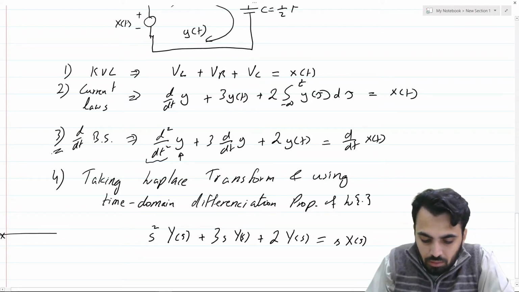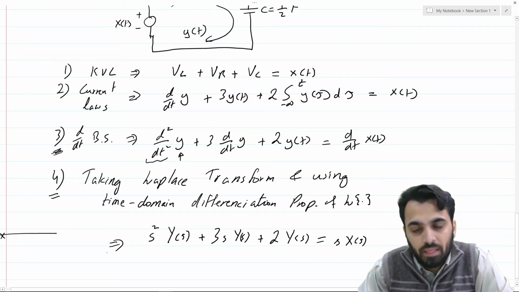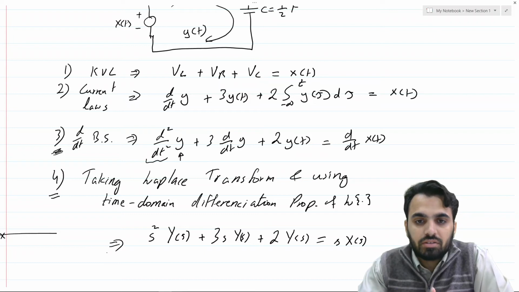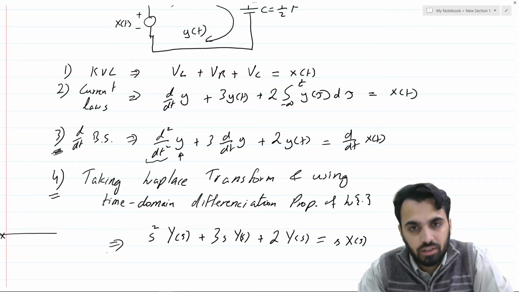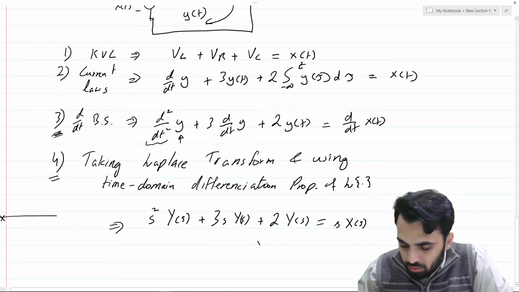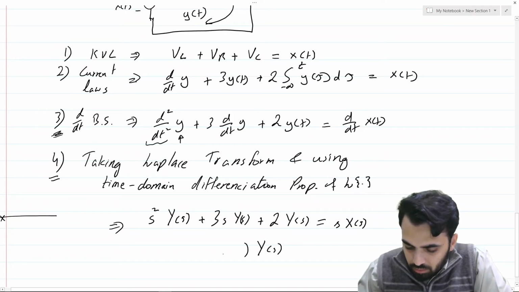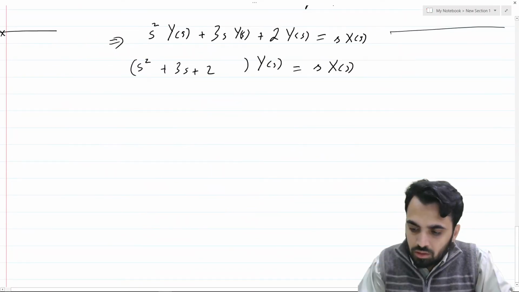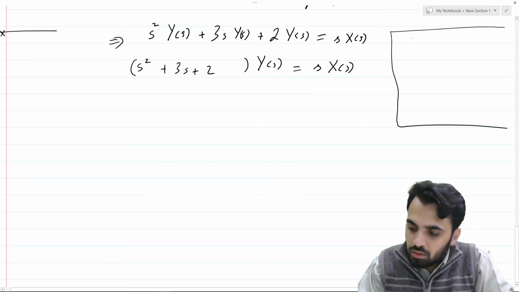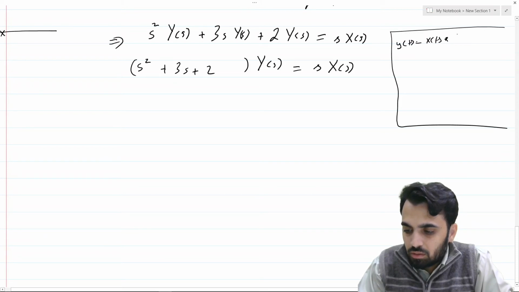So from a differential form in step 3, we have reached a linear equation in step number 4. So this would assist us in determining the transfer function or the impulse response of this circuit. So taking Y(s) common, we have s² + 3s + 2, and this is equal to sX(s). But note that from the convolution property, y(t) was x(t) convolved with h(t).